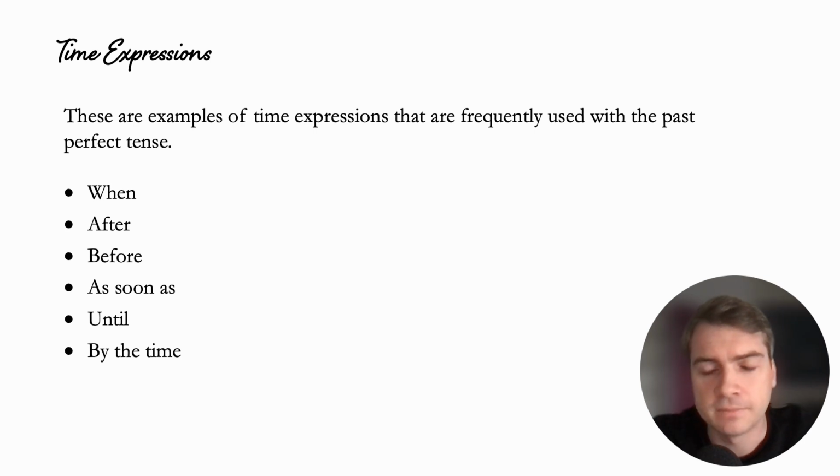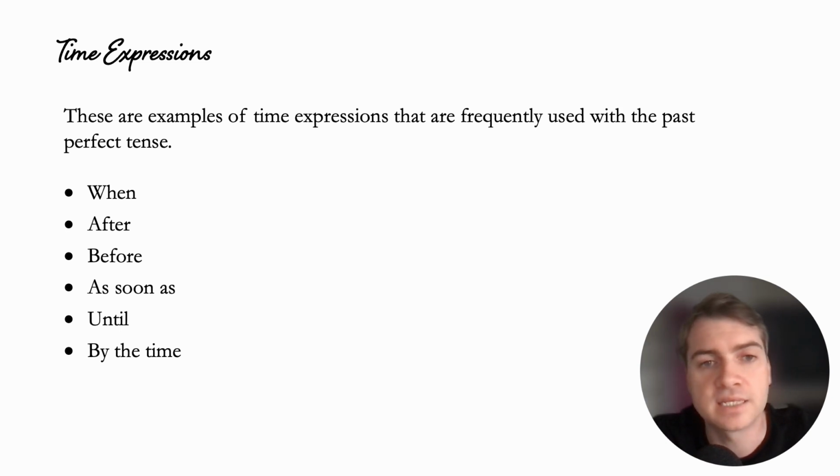All right, once again, some time expressions that go with the past perfect. So we have when, after, before, as soon as, until, or by the time. All of these are keywords, clues that we can use to know we're talking about the past perfect.